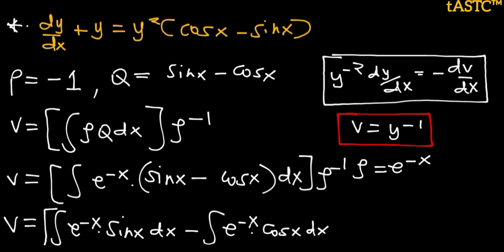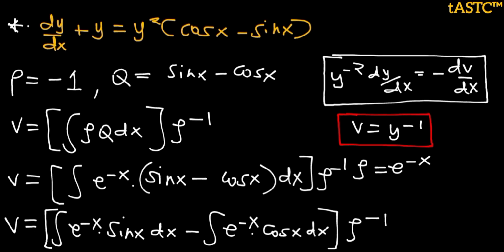And then this must be multiplied by rho to the negative 1. Bear in mind, rho itself is actually e to the negative x, so we need to find out what that is and multiply the answer to the negative 1. So this should actually be an e to the positive x. So we need to find out what is going to be the answer to this.